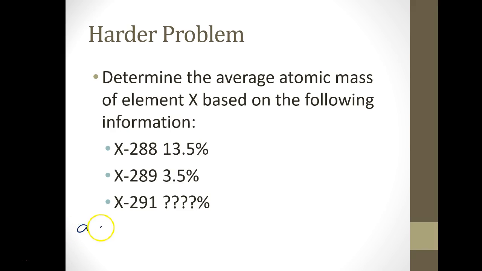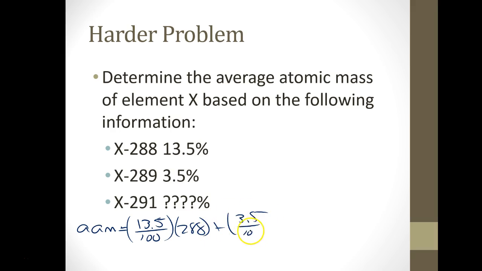So the average atomic mass equals 13.5 over 100 times 288 plus 3.5 over 100 times 289, then I'm missing a percentage, right? I don't have a percentage here.